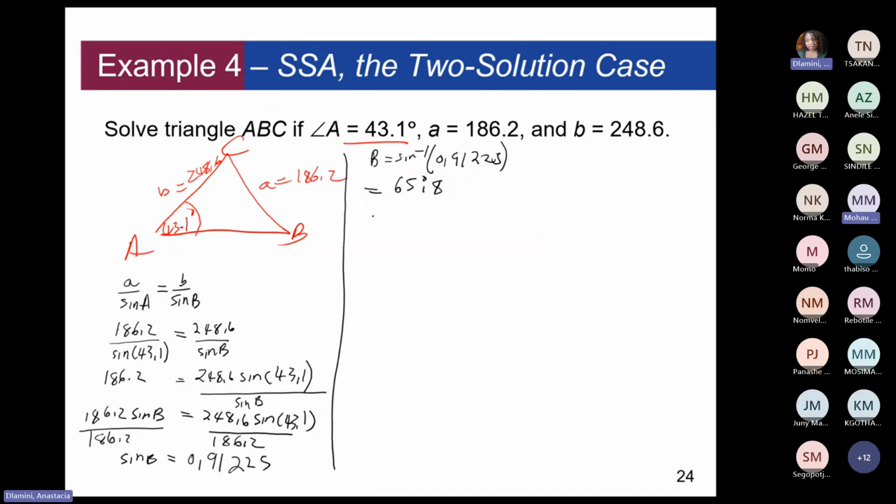B can be either 65.8 degrees, or B can be 114.2 degrees. B can be one of these because these two are supplementary. So how do I check which one B is?